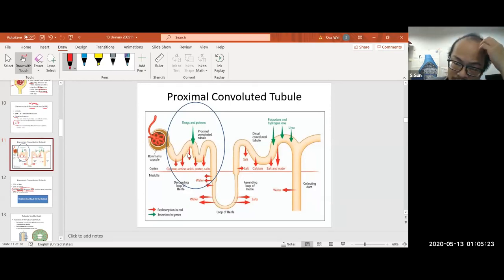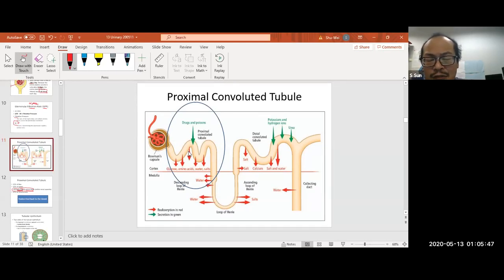So even though we don't have a real exam on this one, what you must know is that when people ask you where glucose reabsorption and amino acid reabsorption occur, you must answer the proximal convoluted tubule.